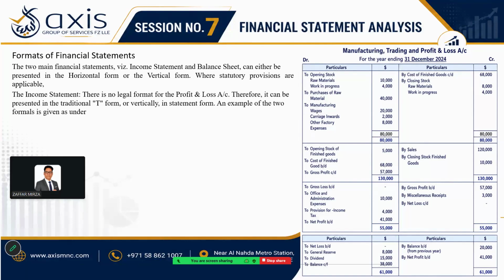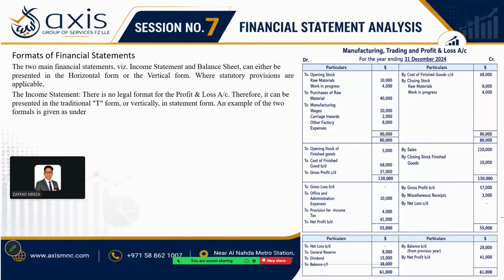In the trading business, it is opening stock plus purchases, but here we are not buying the finished product, we are buying raw materials. Can we take the raw material cost as the cost of the finished product? No, because labor charges and direct expenses are involved.